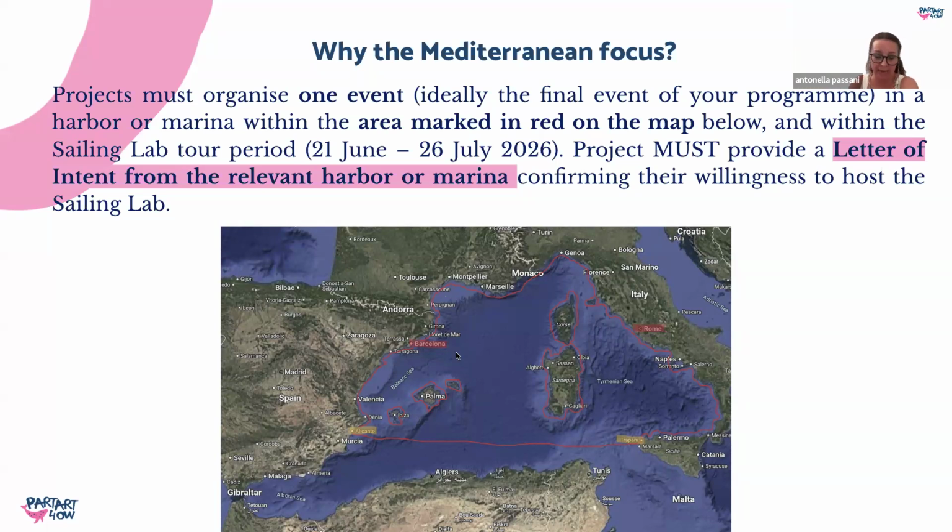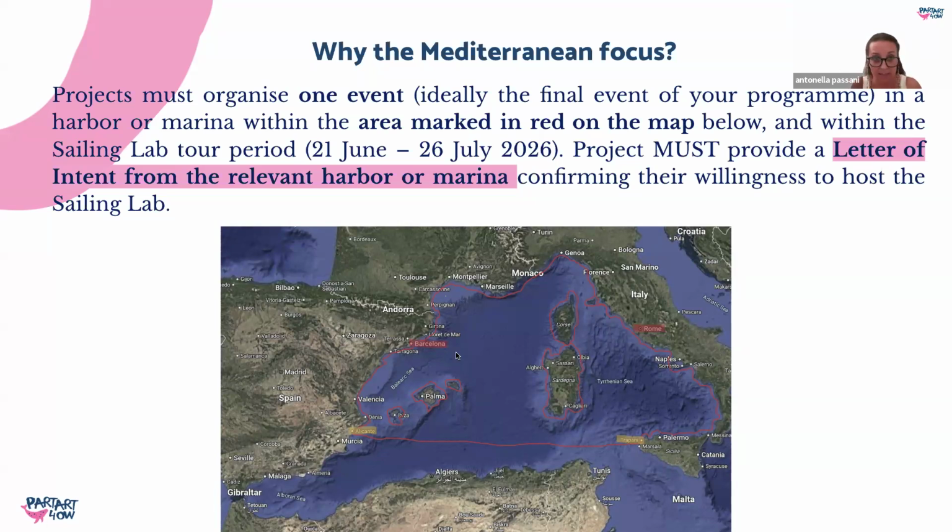Then all of the 7 projects will provide the dates of these events, and the Sailing Lab will pick only two projects that will be visited. They will look at the timing, but also at the kind of event, what's going to happen, and also technical and meteorological considerations, and pick those 2 events.